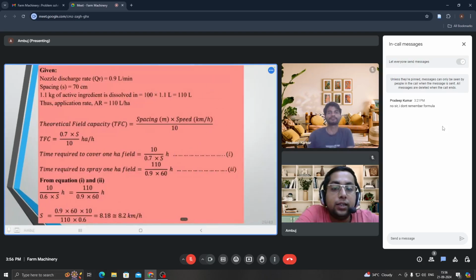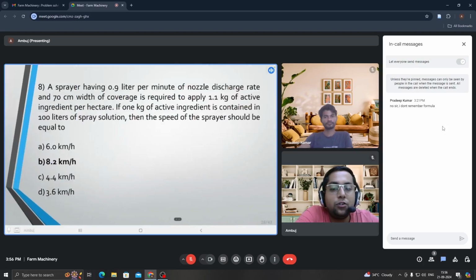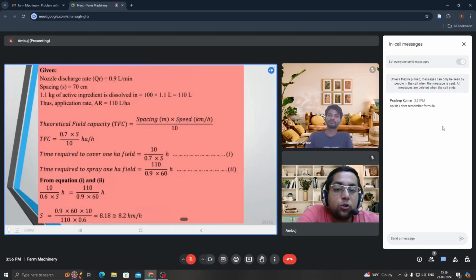Then 1.1 kg of active ingredient per hectare. 1 kg is dissolved in 100 liters of solution, that was given here. So 1.1 kg of active ingredient in 100 liters would be equivalent to 110 liters, 100 multiplied by 1.1.